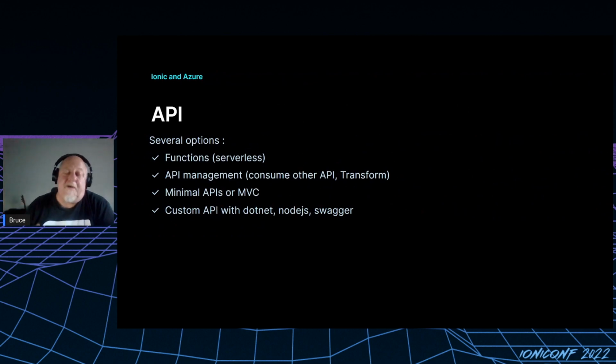If you do an API for your application, you can use several options, using Azure Functions, which are serverless. You can use API Management, which is the full picture of how you can consume other APIs and transform the data, add some authentication, and just present some APIs of your own.